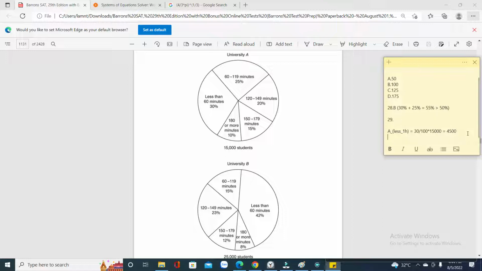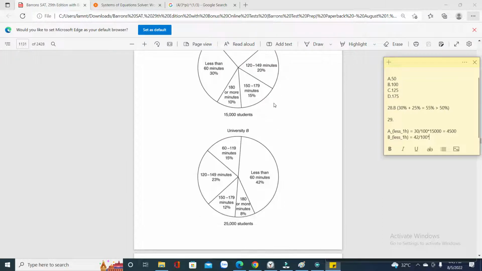Then we calculate the number of students in University B who study less than 1 hour. We see that is 42% of the total population of University B, 25,000.